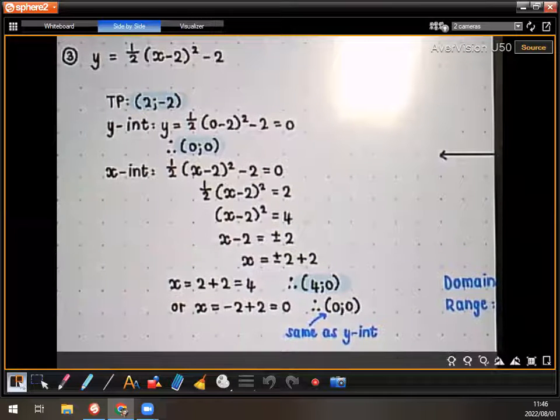Whenever you take a square across, you plus or minus square root on the other side. This negative 2 is going to become positive 2. So this is going to give you two answers, guys. Remember, you have plus 2, so positive 2 plus 2, which is 4. Alright? But then the second answer is going to be negative 2 plus 2, which is 0. Which gets you the same point as the y-intercept. That's fine. Not a problem.